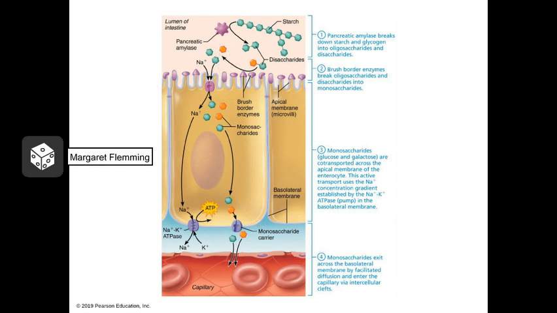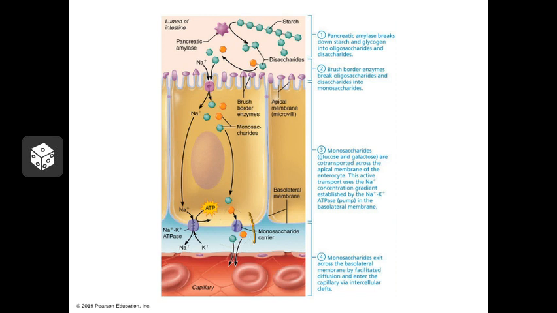One final comment here. On our basolateral side, as I said, we do have facilitated diffusion going on here with a protein carrier that can take fructose and glucose across the membrane.